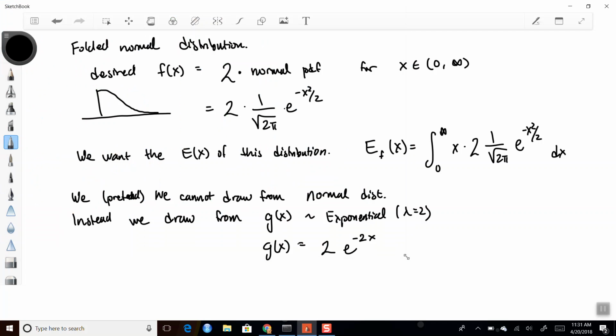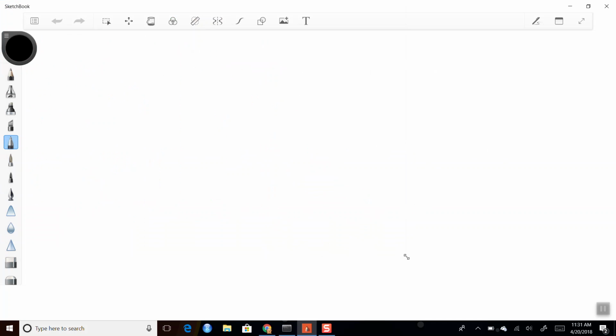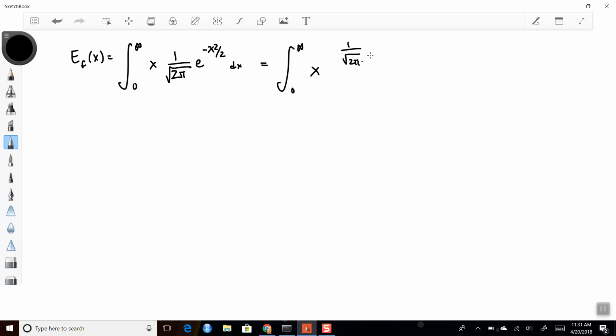All right. So what we have now is our expected value of x, which is equal to this. The exponential distribution has the same domain, so we're fine there. And then we just throw this thing into the numerator, and we throw the other part right there.